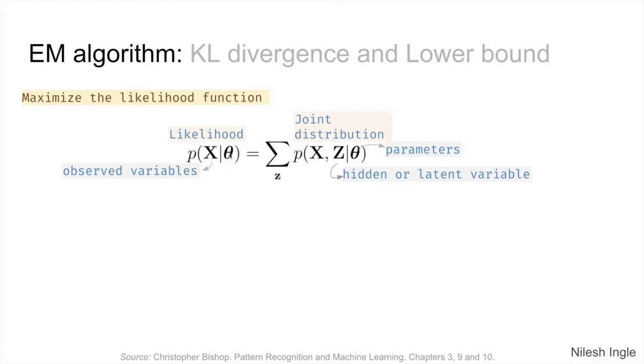Theta here are the parameters, and that is given by the sum over the joint distribution for x and z given theta. z here is a hidden variable or latent variable that could represent the number of clusters, and the theta parameter could represent the standard deviation or the variance and the mean of each of those clusters.